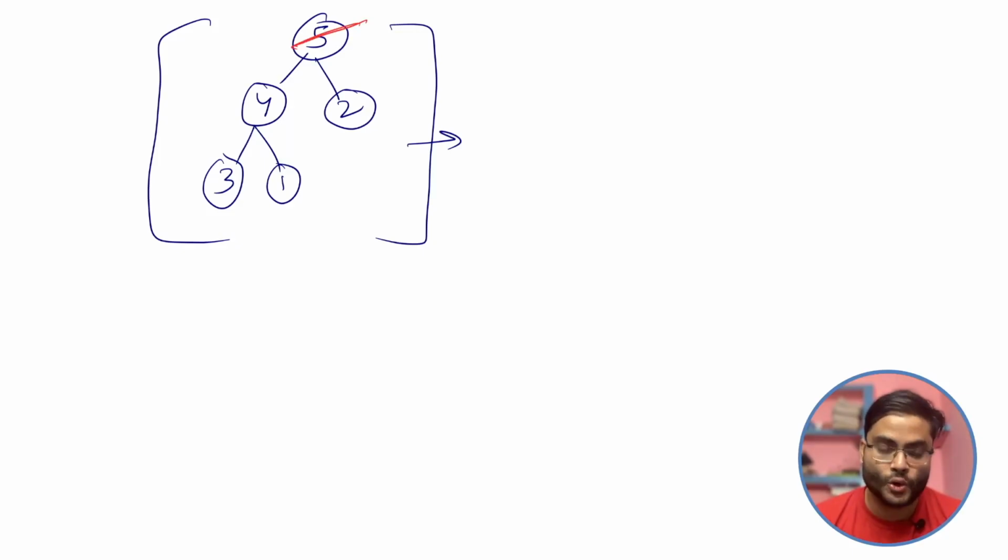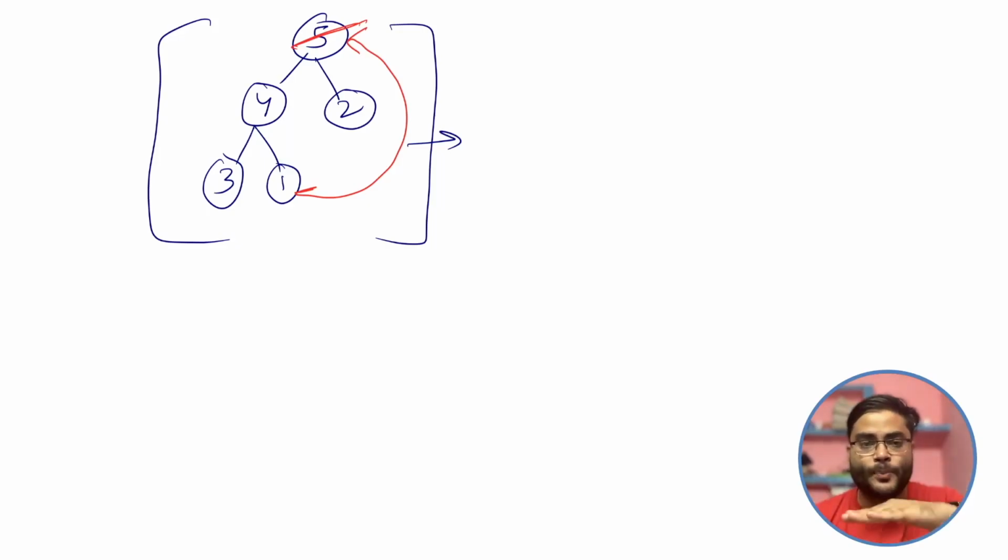I will delete the root and put the last element at the top. Then I will check the further children to see whether it follows the properties or not. So let's delete the 5.